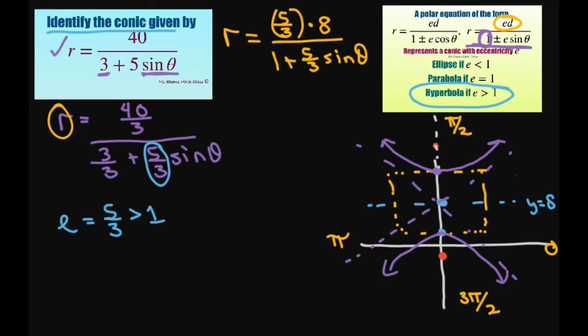The graph is a hyperbola with focus at the pole and a horizontal directrix, y equals 8, units above the polar axis. So this is the polar axis here, and this is 8 units above the polar axis.